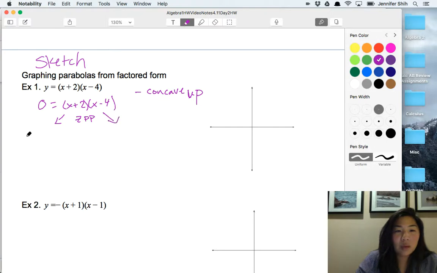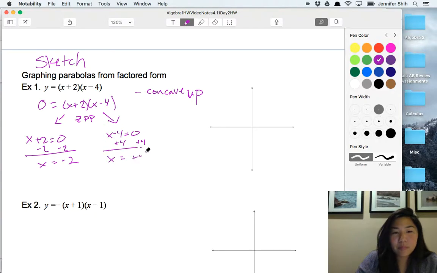We have x plus 2 is equal to 0. x minus 4 is equal to 0. So we are going to find the solutions. That means x equals negative 2 means that the y value is 0 and the x value is negative 2.